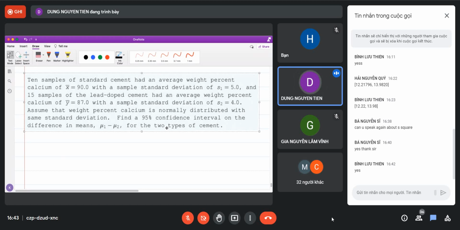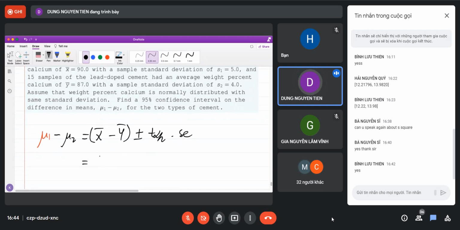Okay, so in this case, you need to get a confidence interval for mu1 minus mu2, right? Well, then I get mu1 minus mu2 equals x bar minus y bar, plus or minus the t value times the standard error. The x bar is 90, the y bar is 87, plus or minus the t value times the standard error.